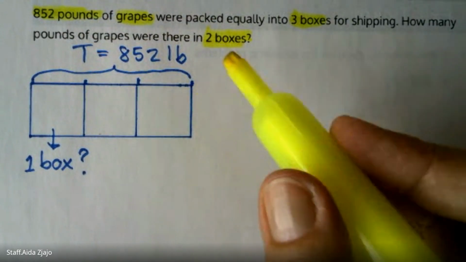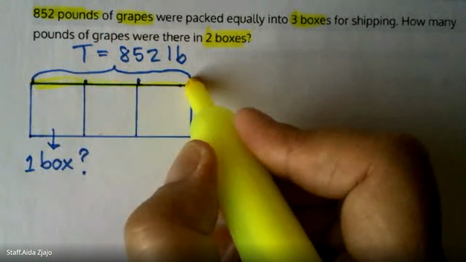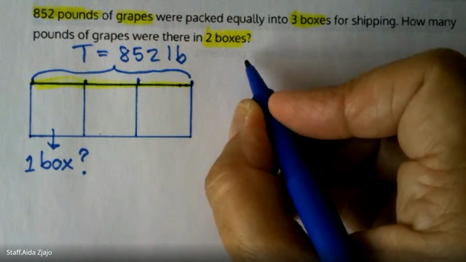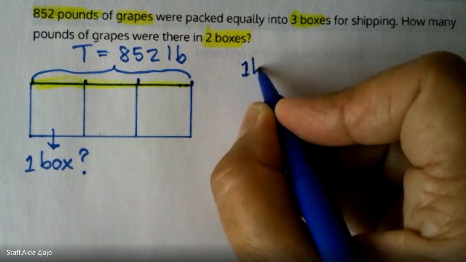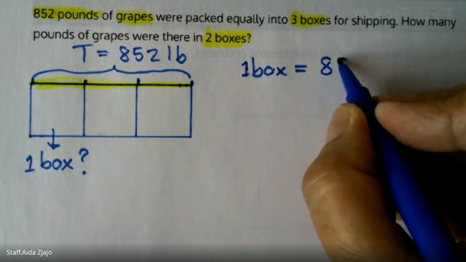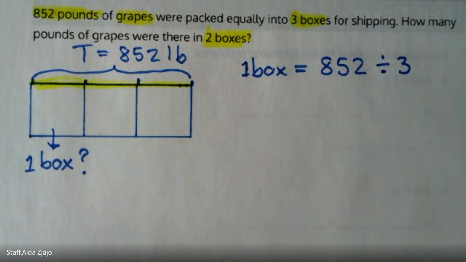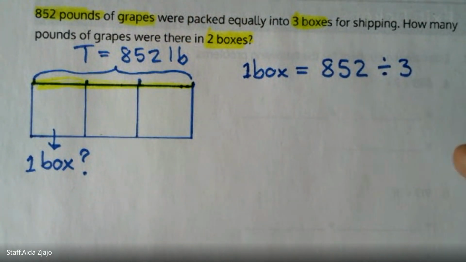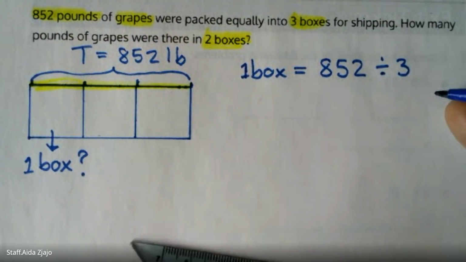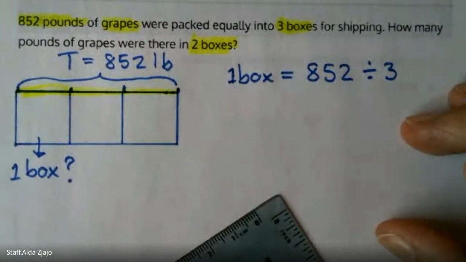So what that means is we have 3 units, and we need to divide to find what 1 box is, by dividing 852 into the 3 parts. We can divide with the standard algorithm, or we can use the area model of division.